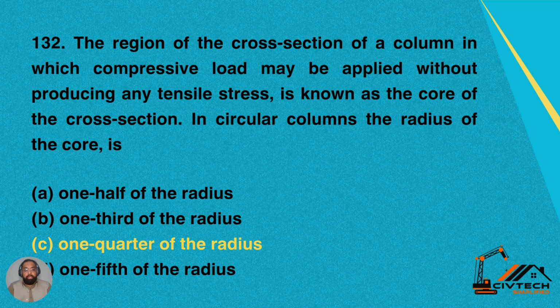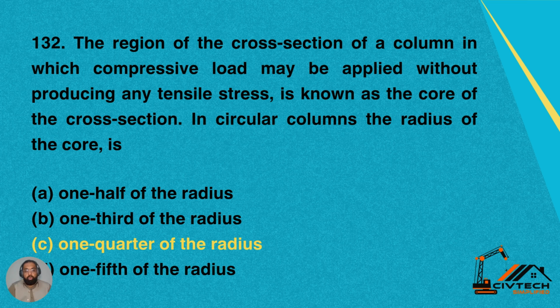132. The region of cross section of a column in which compressive load may be applied without producing any tensile stress is known as the core of the cross section. In circular columns, the radius of the core is option A, 1/2 of the radius, option B, 1/3 of the radius, option C, 1/4 of the radius, and option D, 1/5 of the radius.